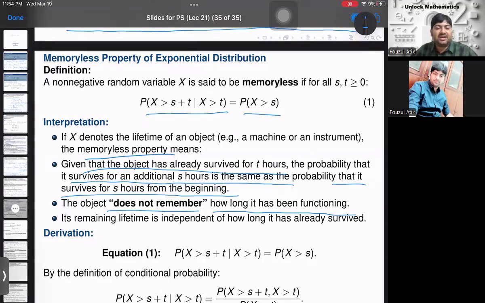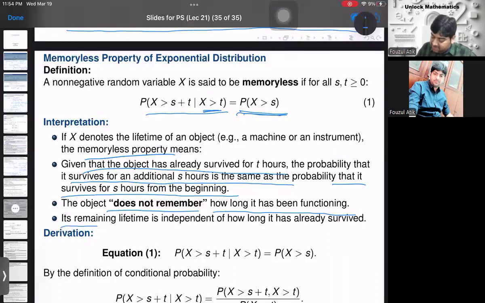Whenever you say P(X > s + t given X > t), it is actually counted from the beginning, the same as P(X > s). So given x > t, the probability of working additional hours is the same as from the beginning, how much it survives for s hours. It does not take into memory how long it has been functioning.